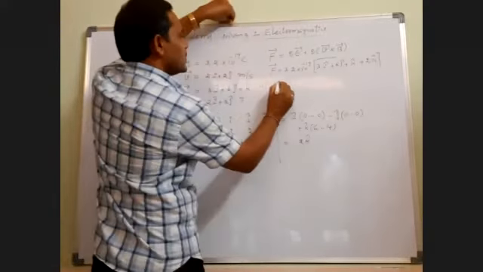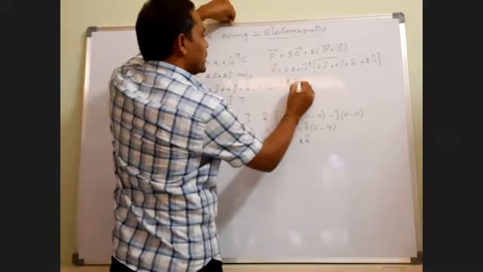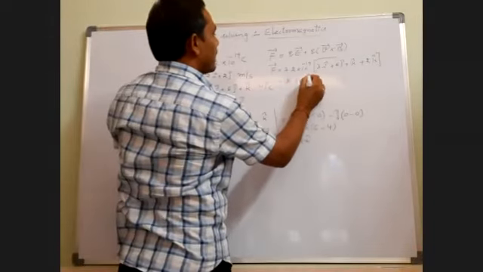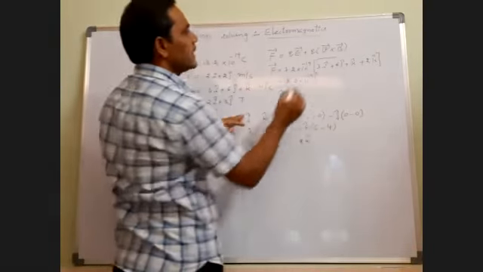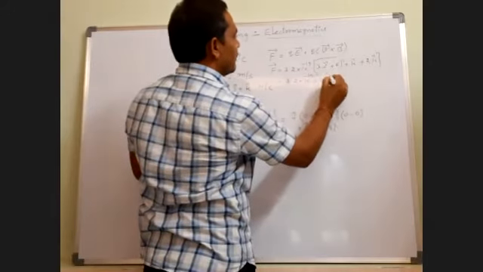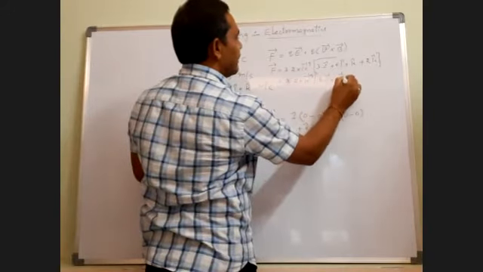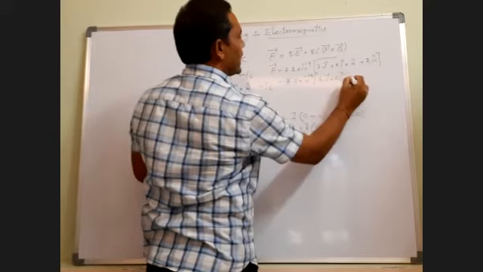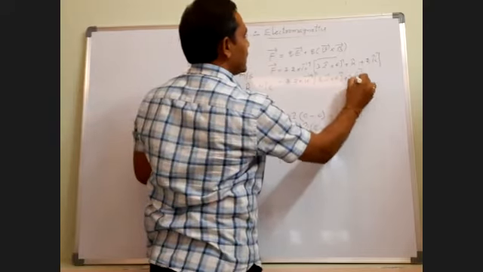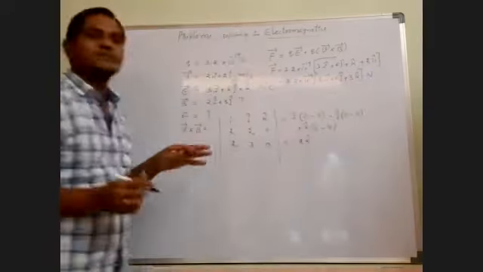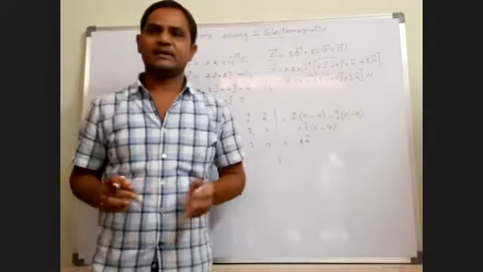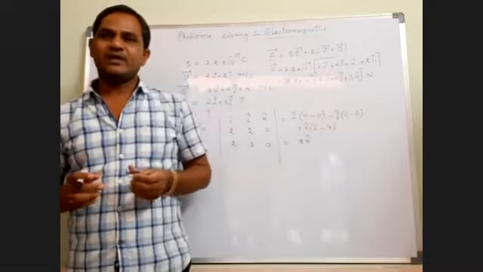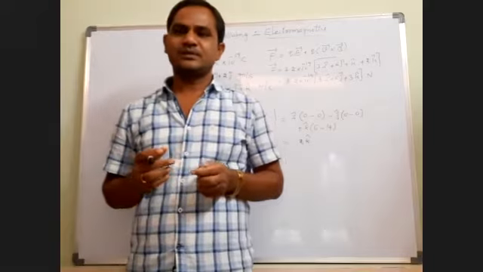So this is equal to 3.2 into 10 power minus 19 times (3I cap plus 6J cap plus K cap plus 2K cap, which is 3K cap) newtons. I hope you understand.